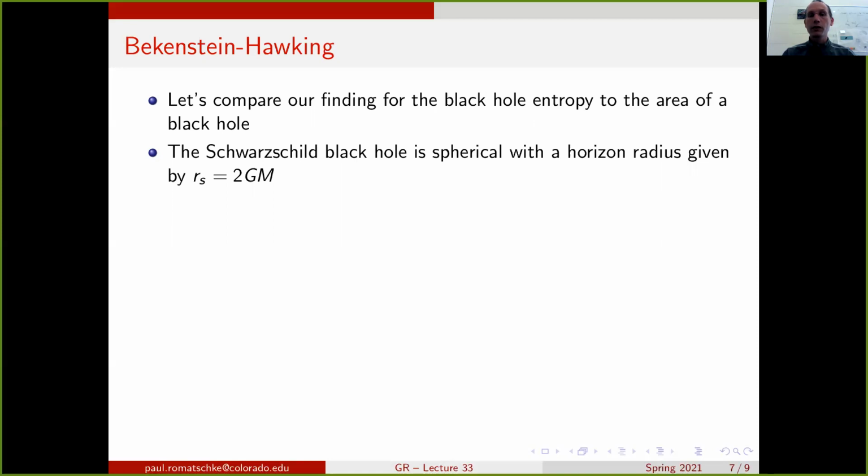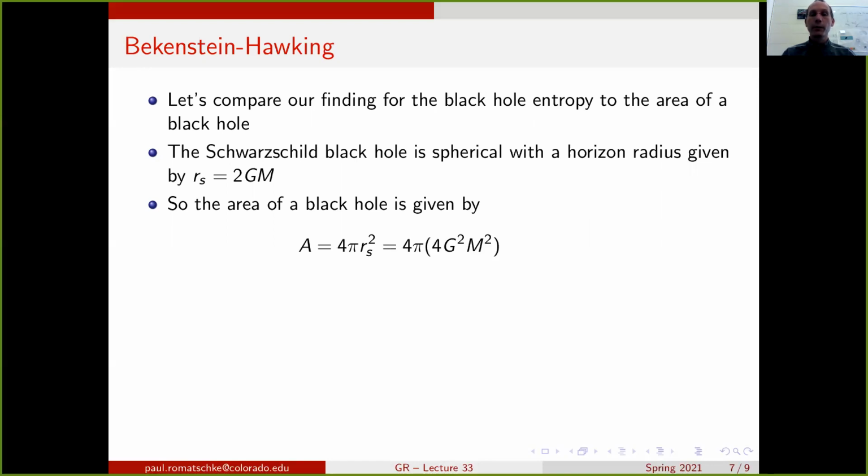So if you have a sphere with radius Rs, you can calculate its area. The area of the black hole is just 4 pi times the radius squared, but the radius is now the Schwarzschild radius. Plug in Rs, and you find that this area is 4 pi times 4 G squared m squared, or just 16 pi G squared m squared.